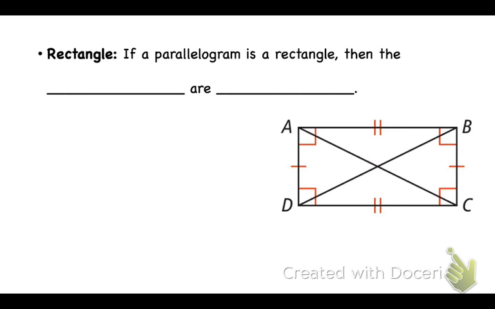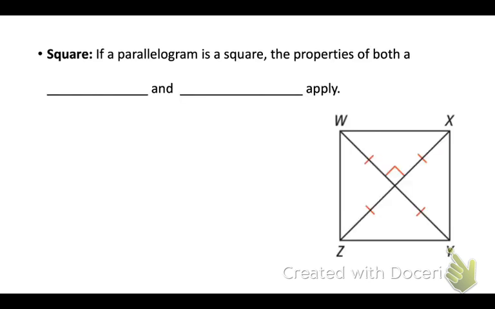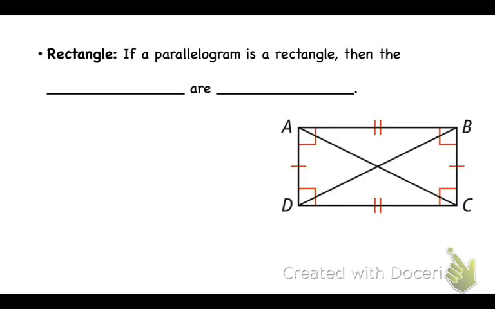A rectangle. If a parallelogram is a rectangle, then the diagonals are congruent. You also know that the opposite sides are what?